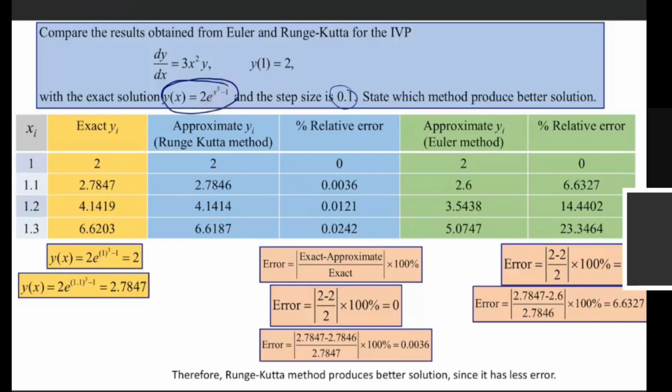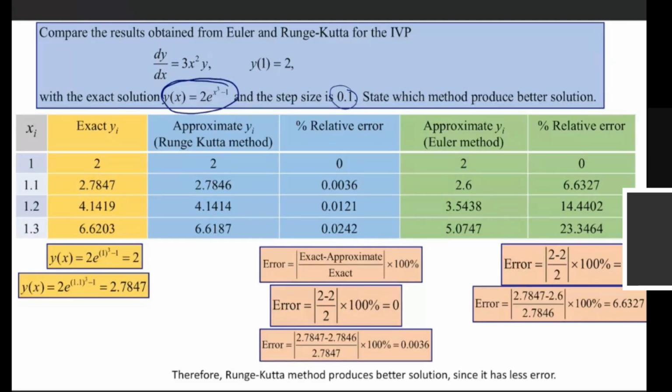When you substitute x equal to 1, you will get 1 minus 1 is 0. Exponent 0 equal to 1. 1 multiplied by 2 equal to 2. And then for x2, x is 1.1, you substitute here: 1.1 cubed minus 1, then exponent.